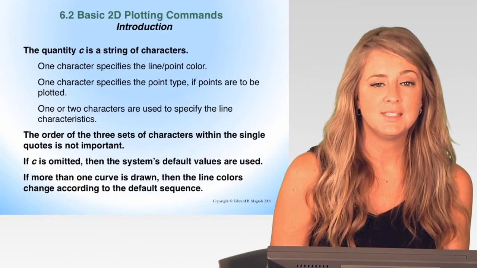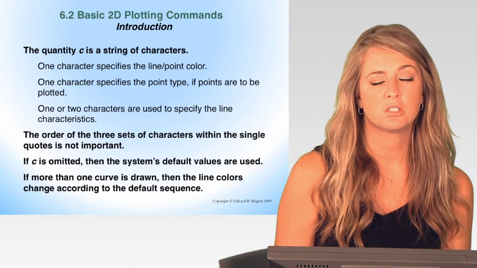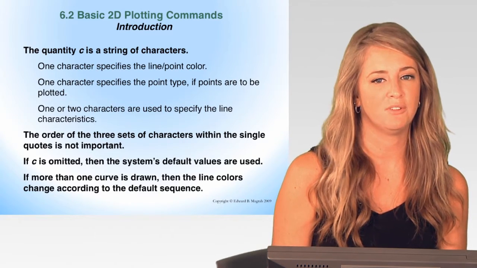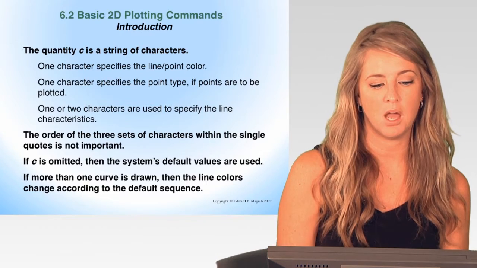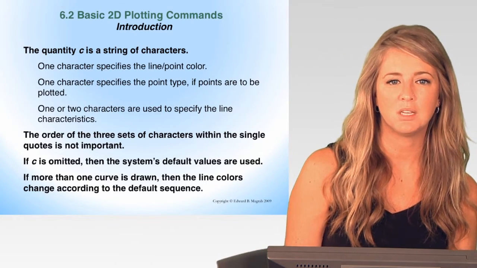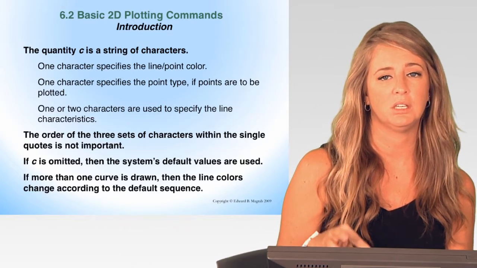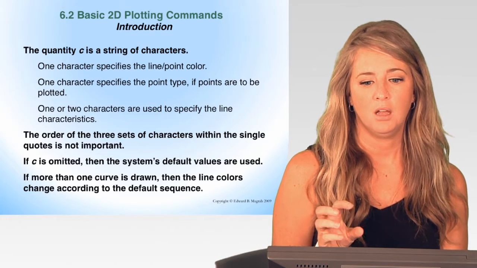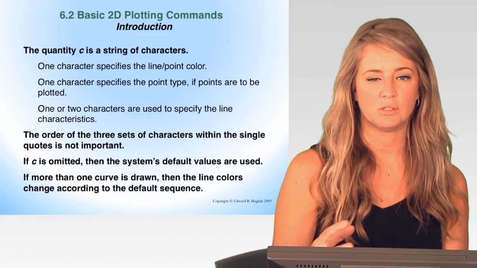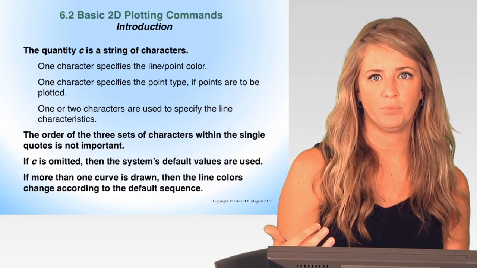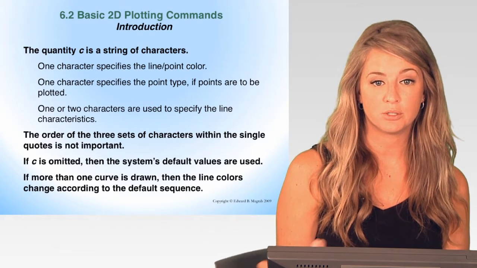The quantity C is a string of characters, and these characters specify the formatting of that plot. So, for example, if we were plotting a point, then the C expression would be a string of characters that we can use to format that point, whether it's an open circle or a closed circle, and we can format different colors for those.